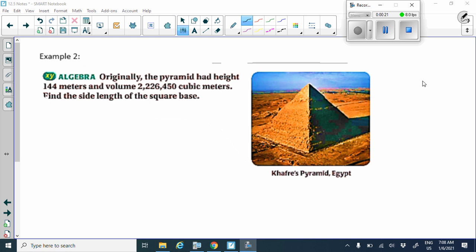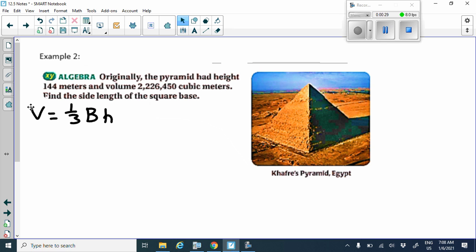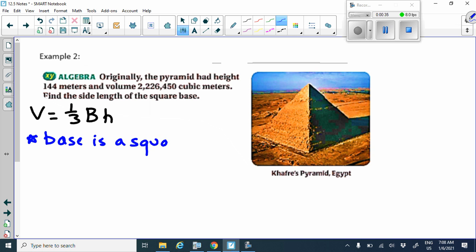So remember, for volume of a pyramid, it's going to be 1/3 the area of your base times your vertical height. Well, they did tell us that our base is a square, right? Okay, so that's our length times width.